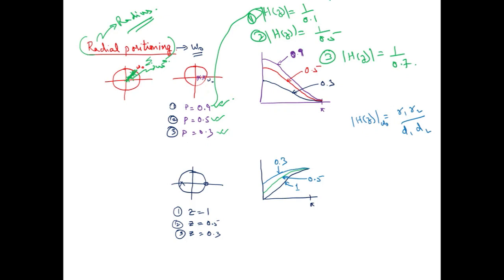So what are the values? This will be 10, 2 will come, and for 1 by 0.7, how much is it coming? 10 by 7, 1.33 something like that.